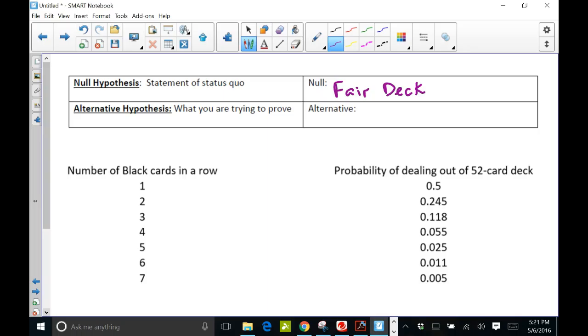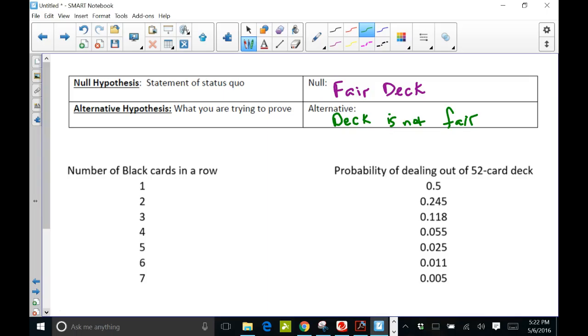But as we're going, some of you are starting to think, she might be pretty tricky. And you might say, hey, I think the deck's not fair. And this statement, which we're going to try to prove, is called the alternative. And the alternative is that the deck is not fair.